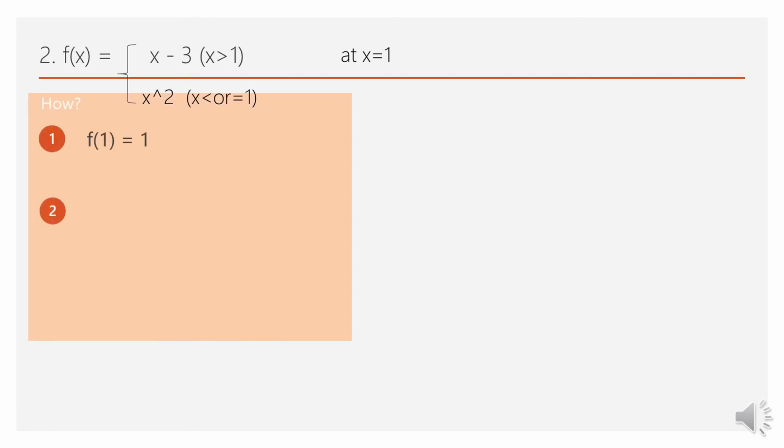Number 2, the limit of f of x as x approaches 1 does not exist. Number 3, f of 1 is not equal to the limit of f of x as x approaches 1.